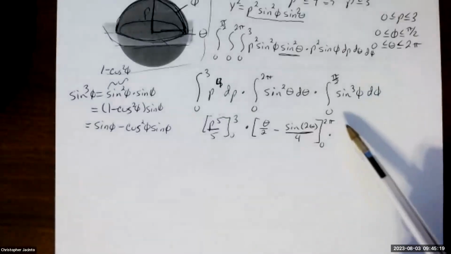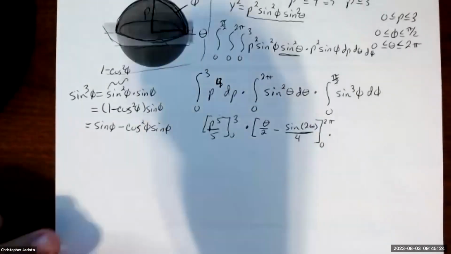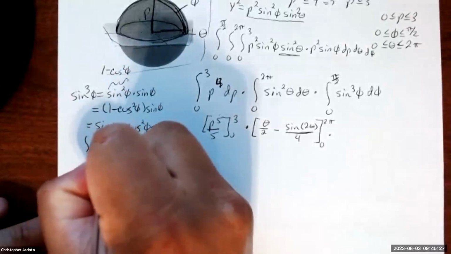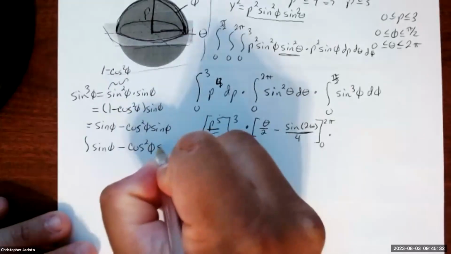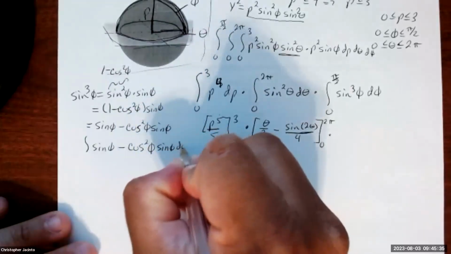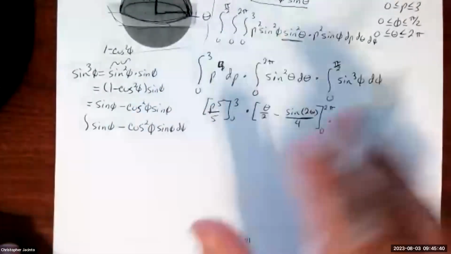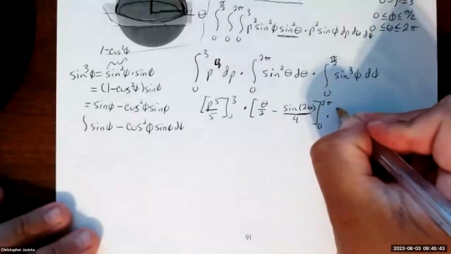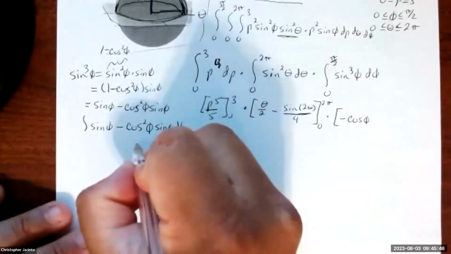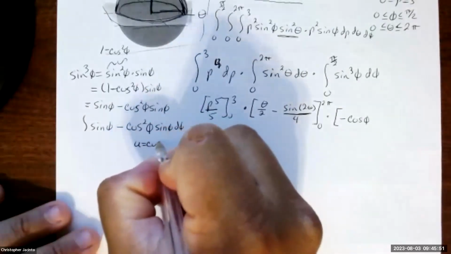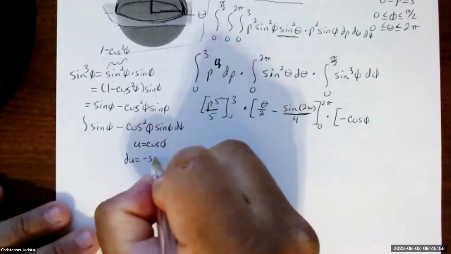So this integral ends up being 2 integrations. So just integrating this and integrating that individually. So we just get the integral of this. This is straightforward, right? It's just phi minus cosine. This one, you have to do a u substitution. So let u equal cosine. So therefore, the derivative is going to be a negative sine.